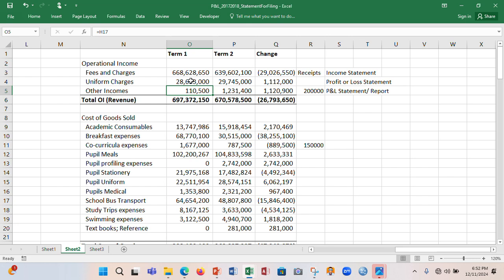Even if they have not yet paid, these are their estimates. Whenever you start the term, you initiate invoices for everyone, whether paid or not. All that you have issued registers here in the income statement as revenue, as income.